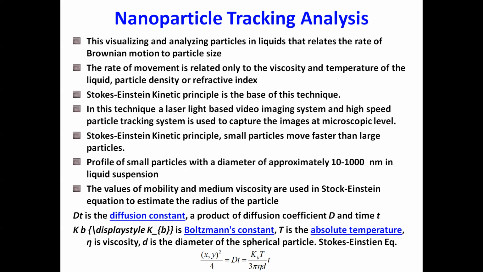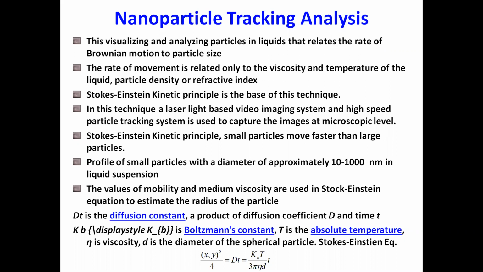This will be proved by this equation also. The profile of small particles with a diameter of approximately 10 to 100 nanometers in liquid suspension will be captured. The value of mobility and medium viscosity are used in the Stokes-Einstein equation to estimate the radius of the particle. Now, how is it possible?